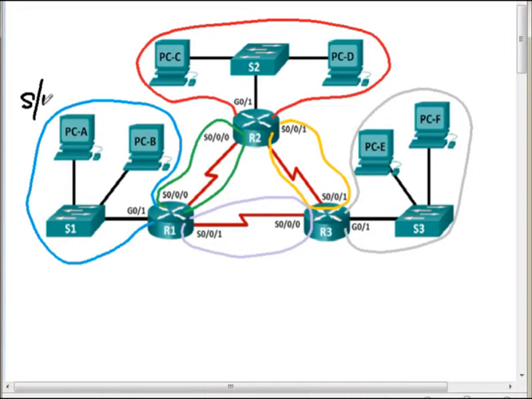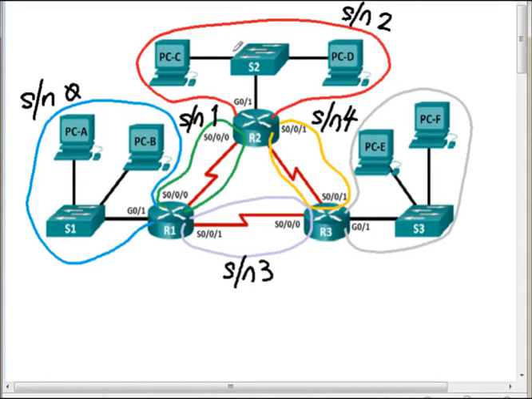For example, we call this subnet 0, this subnet 1, this subnet 2, this subnet 3, this subnet 4, and this is subnet 5. Okay, so we have a total of 6 subnets: subnet 0, 1, 2, 3, 4, 5.